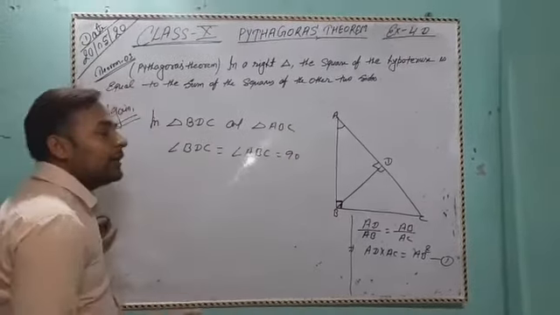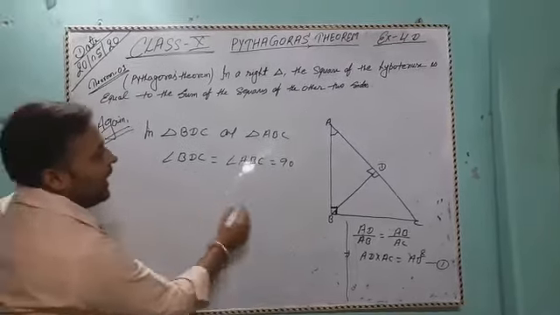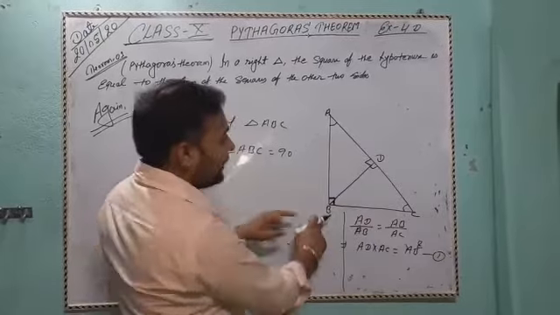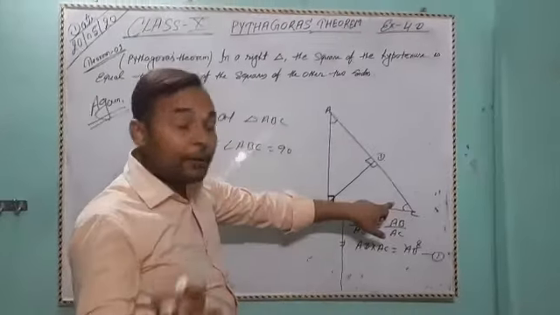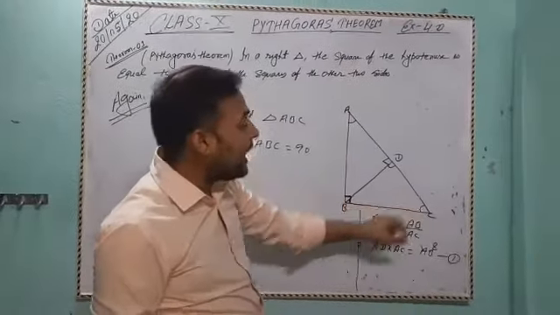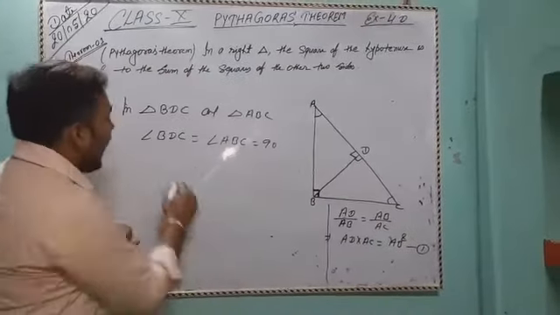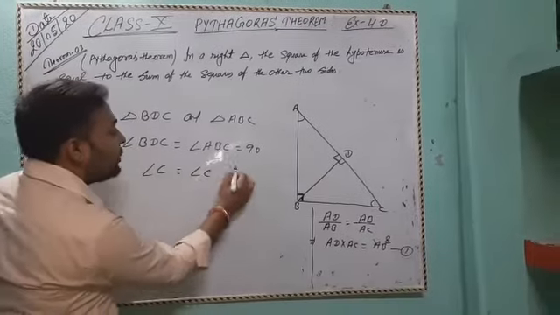Each angle is 90 degrees. And angle C is common. Angle C is present in right triangle BDC, and angle C is also present in right triangle ABC. So angle C equals angle C is common.